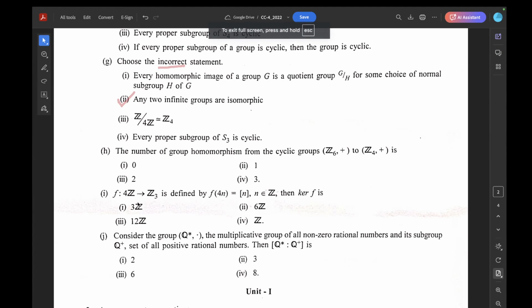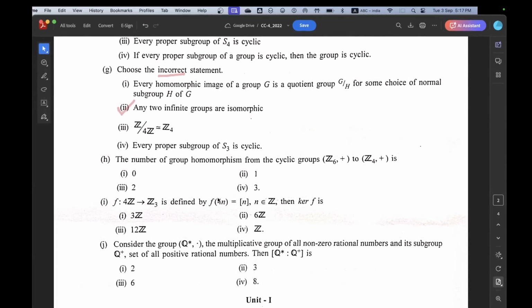Next, question H. The number of group homomorphisms from the cyclic group Z6 plus to Z4 plus is what?